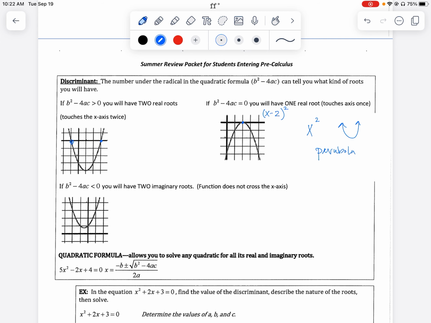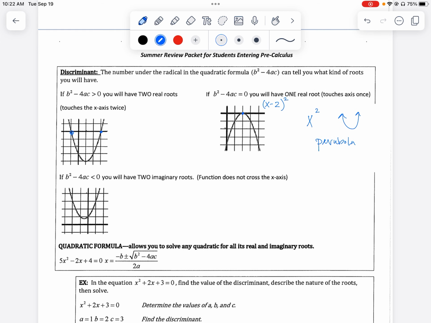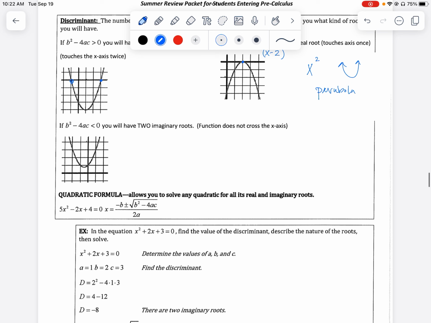Okay, so how this all ties together algebraically is that if we take the quadratic equation, ax squared plus bx plus c in standard form, and if we were to solve it for x, in other words, if we were to get x by itself, here is the formula that we would end up with.